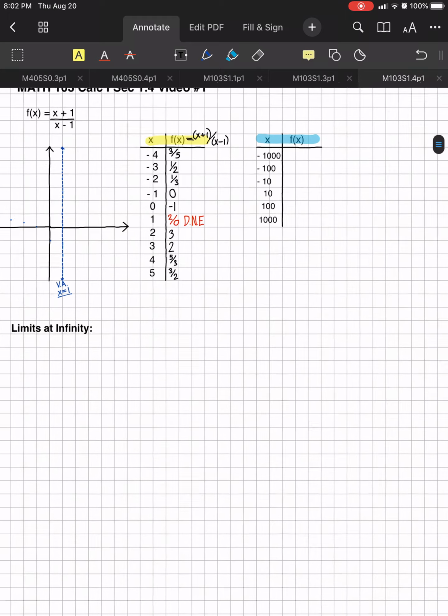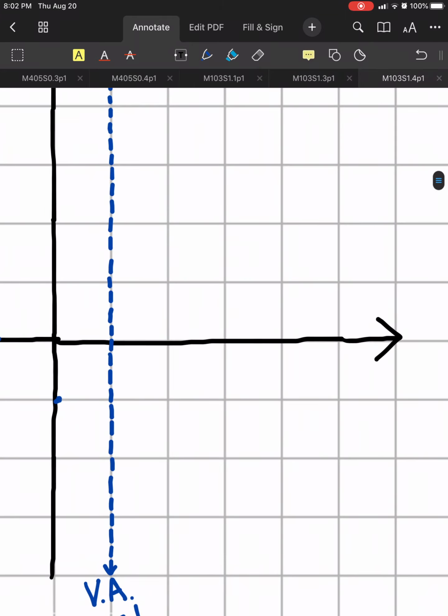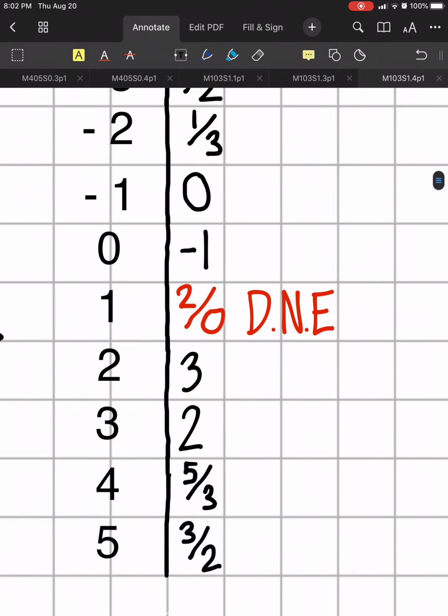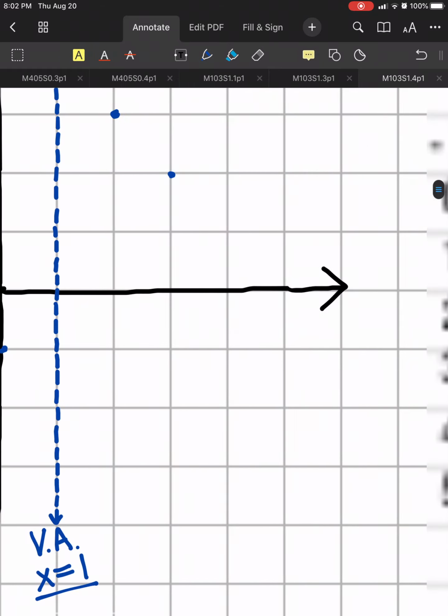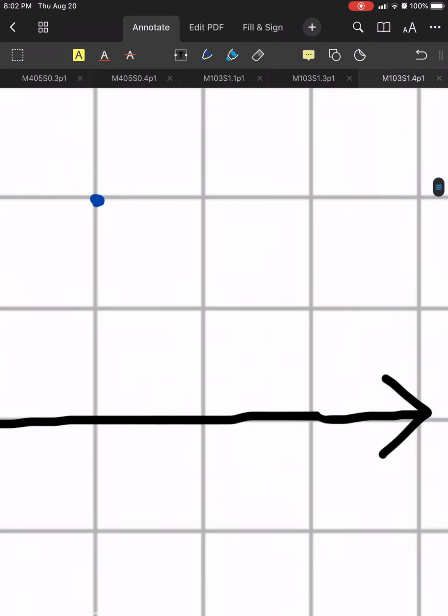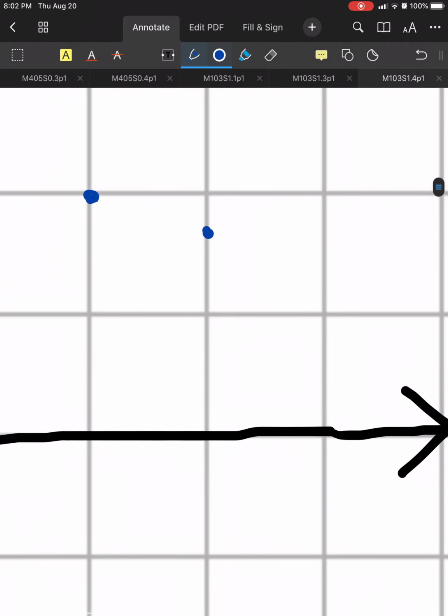On the other side we get the point 2, 3. So 2, 3 is easy enough, it's right here. The next one is 3, 2. That is right here. Next one is 4, 5/3, which is 1 2/3, or right about there.